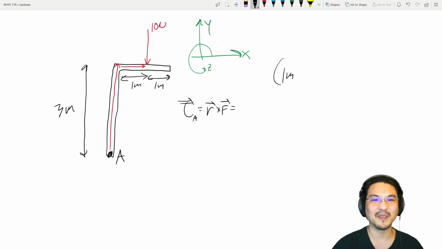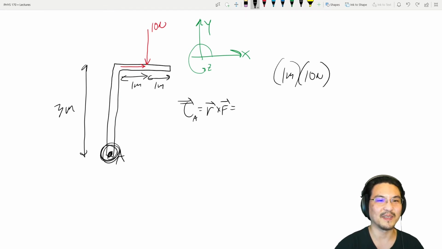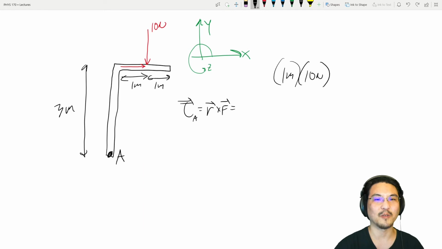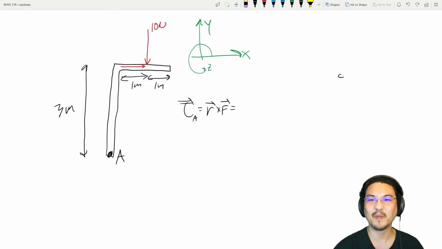So it's 1 meter times 10 newtons. And what's the direction? If you look at point A over here, and this is the force here, it's definitely going this way, clockwise. So clockwise is in the negative z direction. So negative. That's it. So that's easier, arguably, right?